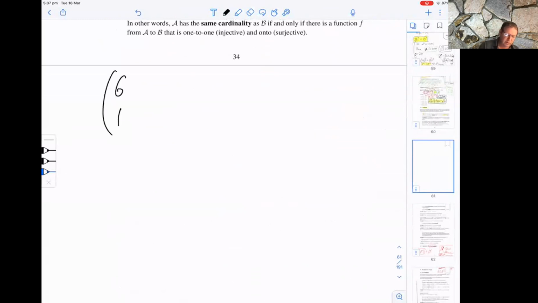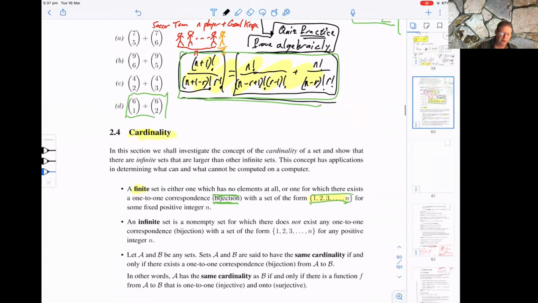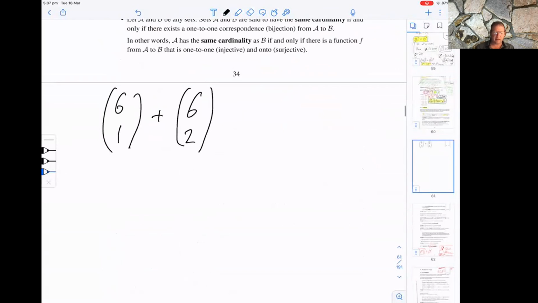Now this was something we could do using Pascal. We'll do it using Pascal in a second, but let's just do it manually, by hand.